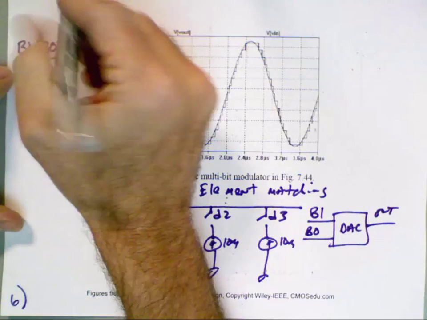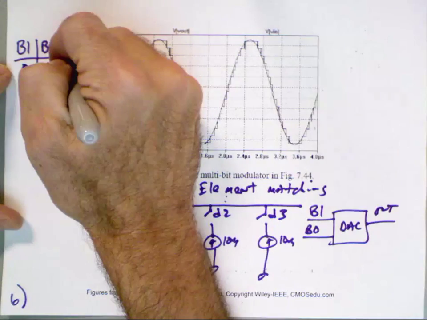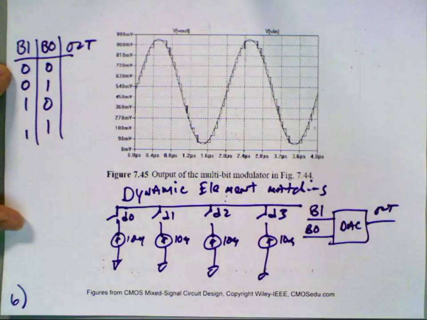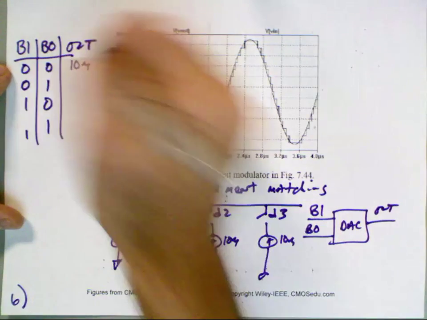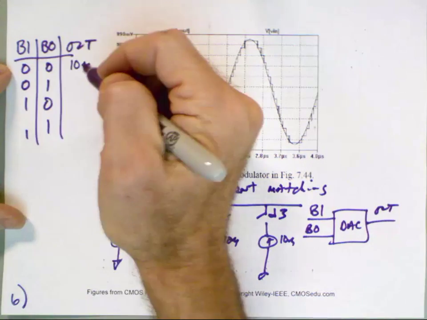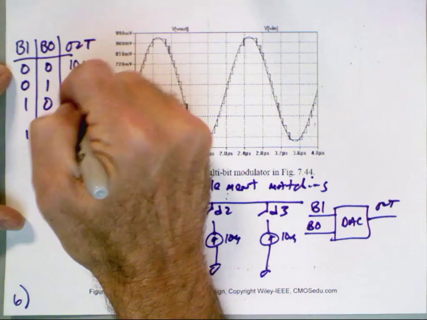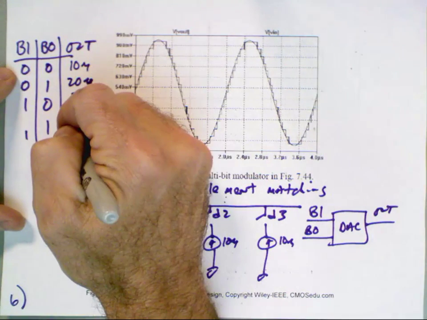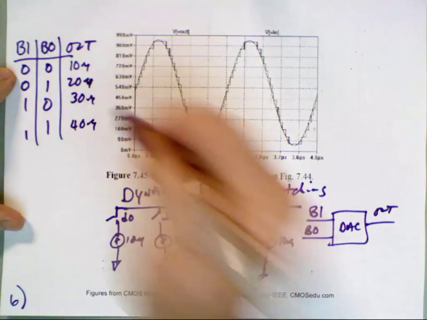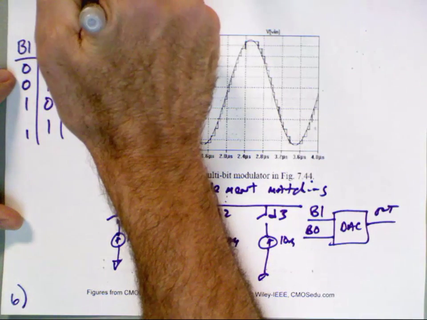If I have 0 0, I'm going to set the output as 10 microamps. Then if I have 0 1, I'm going to get 20 microamps. If I have 1 0, I'm going to get 30 microamps. And if I have 1 1, I'm going to get 40 microamps. So what's my LSB?